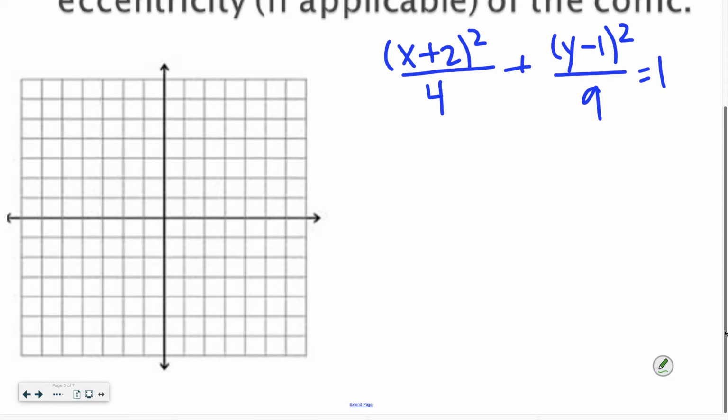Is this vertical or horizontal? Vertical. Do you notice how in this one, our denominator with the y is larger? So now, a is 3 and b is 2, but a is associated with y this time because it's vertical.